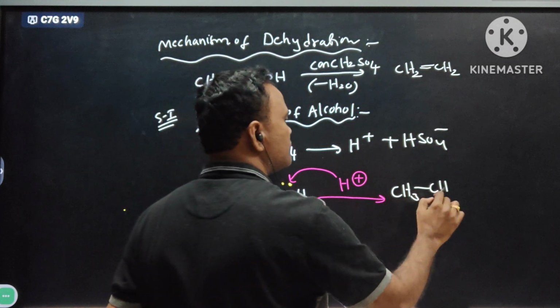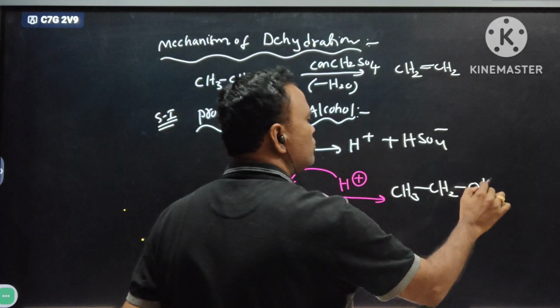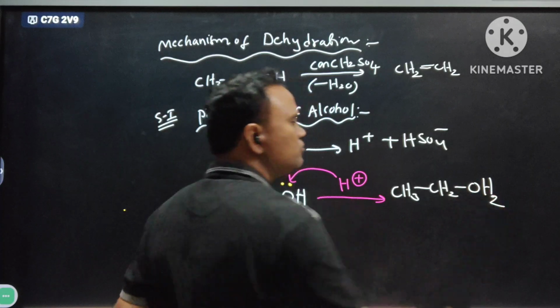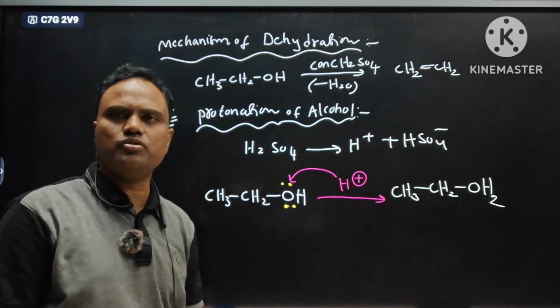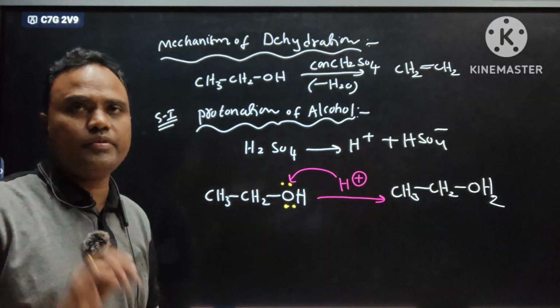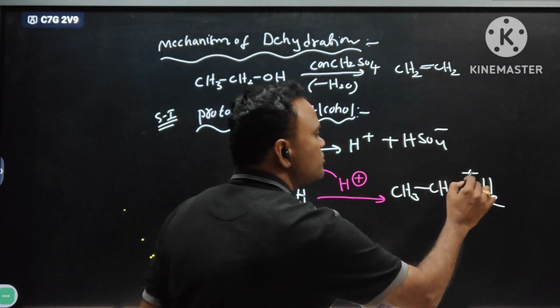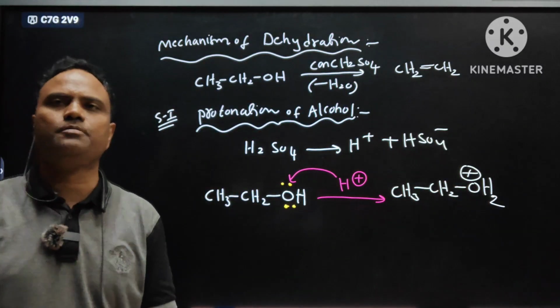CH3CH2OH2. Already one H is present, another hydrogen is coming, so OH2. Very important point: I am writing a positive charge on the oxygen atom. Why?